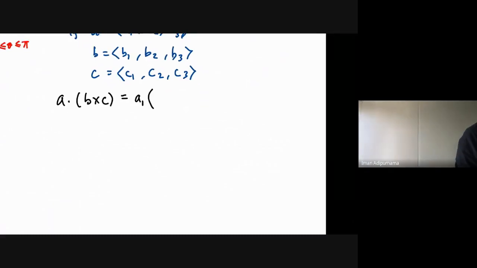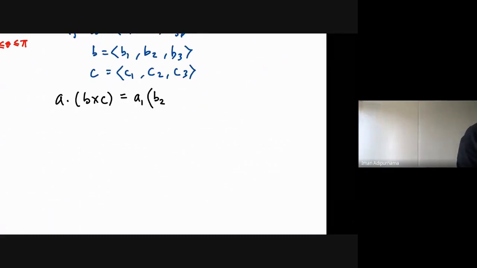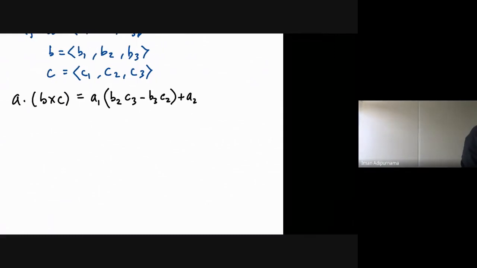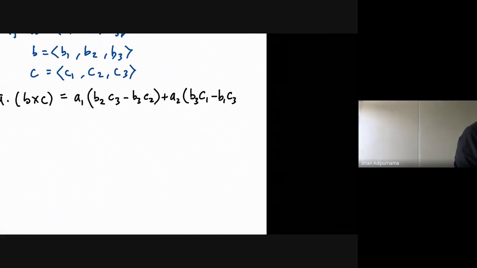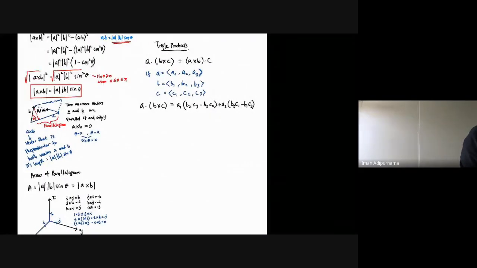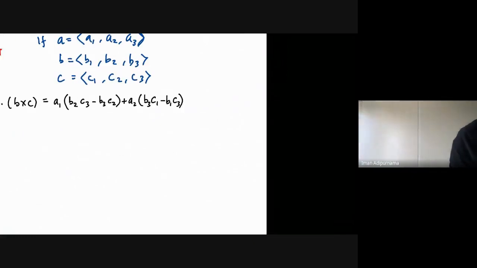So multiply with the cross, which is B2 C3 minus B3 C2, and plus A2 multiply B3 C1 minus B1 C3. And then A3, B1 C2 minus B2 C1.